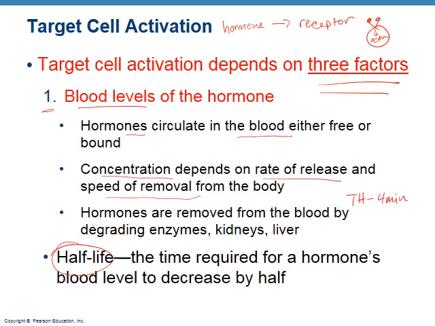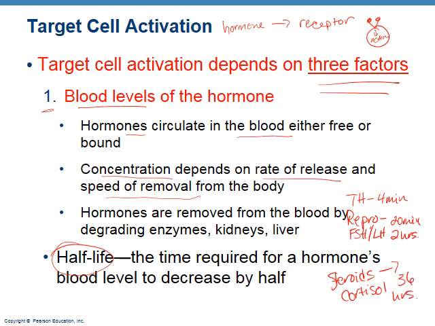If we're talking about reproductive hormones like FSH and LH, we could be talking anywhere from 20 minutes to 2 hours. If we're talking about steroids, we haven't talked about this, but like cortisol or glucocorticoids, we could be talking up to 36 hours. So we have a lot of variation in the half-life of a hormone as it's circulating in the bloodstream.